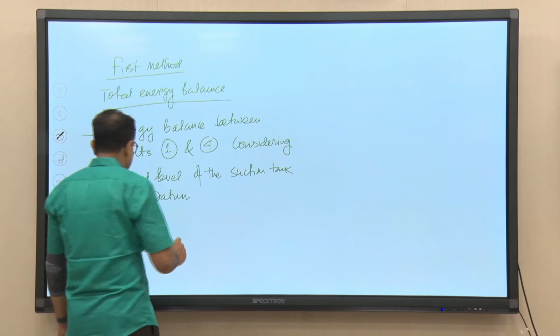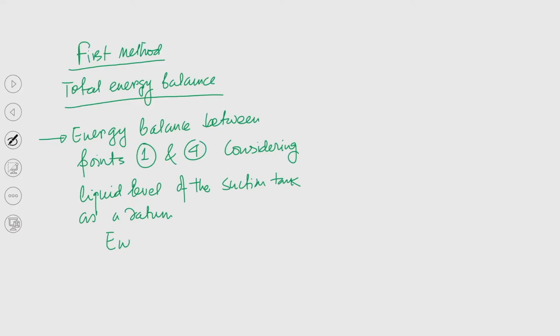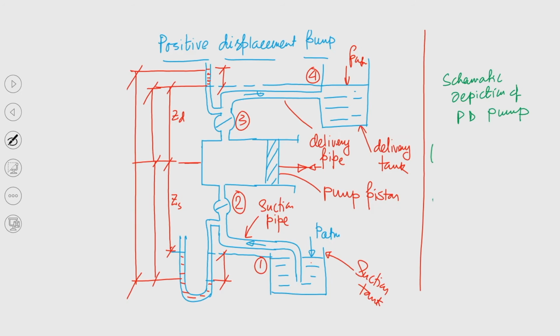So, basically, energy at point 1 plus work done by the pump will be equal to, try to understand, we are essentially trying to lift water from point 1 to point 4.